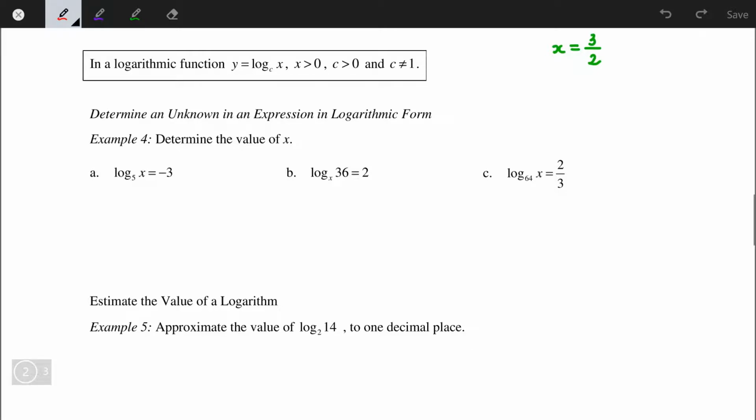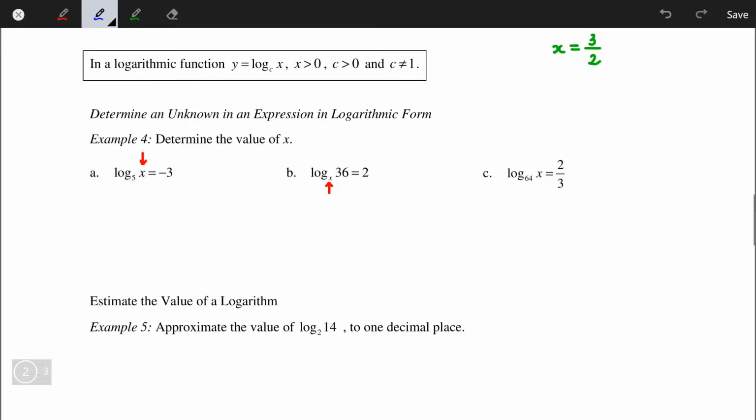There is the argument, there's the base, and there's also the value, which we already did. So example 4 will focus on looking for the argument and the base. So let's get the first example then.